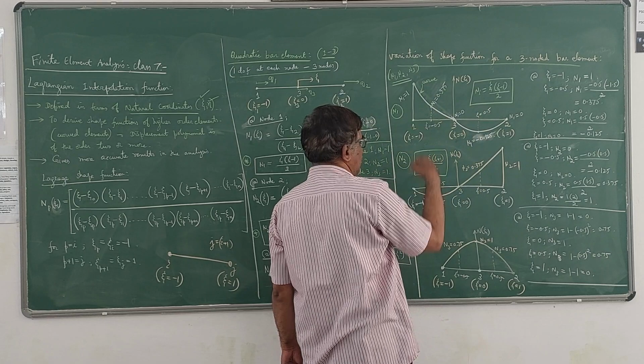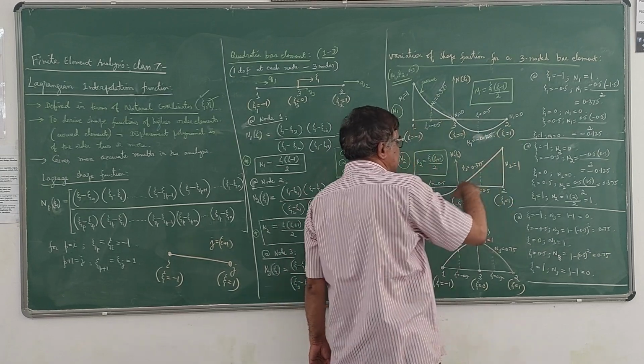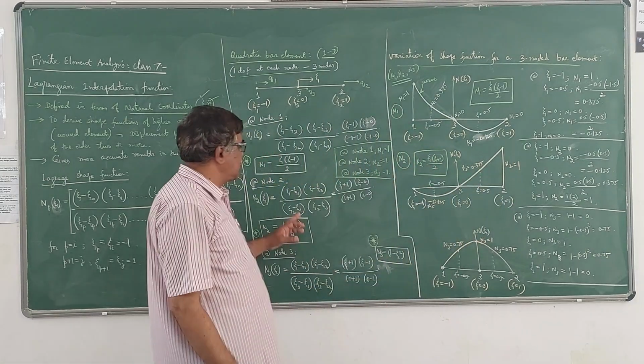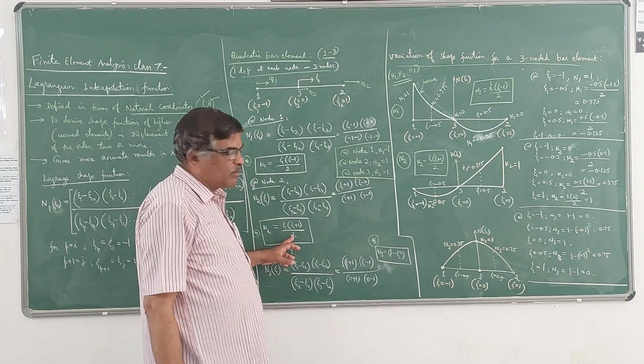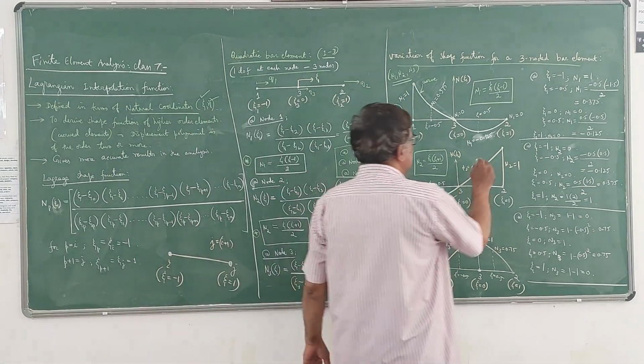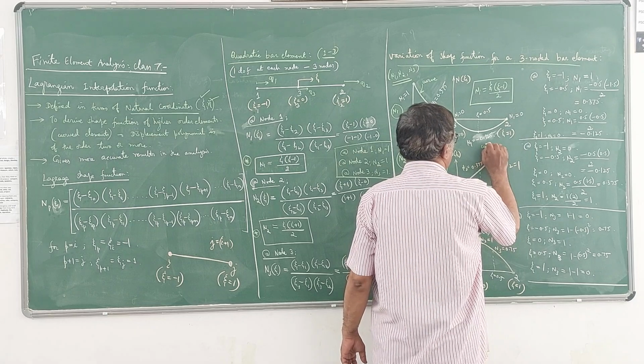Once again, since zeta into zeta plus 1 by 2 is a parabolic variation, this also is a parabolic term. So like this you have to plot.